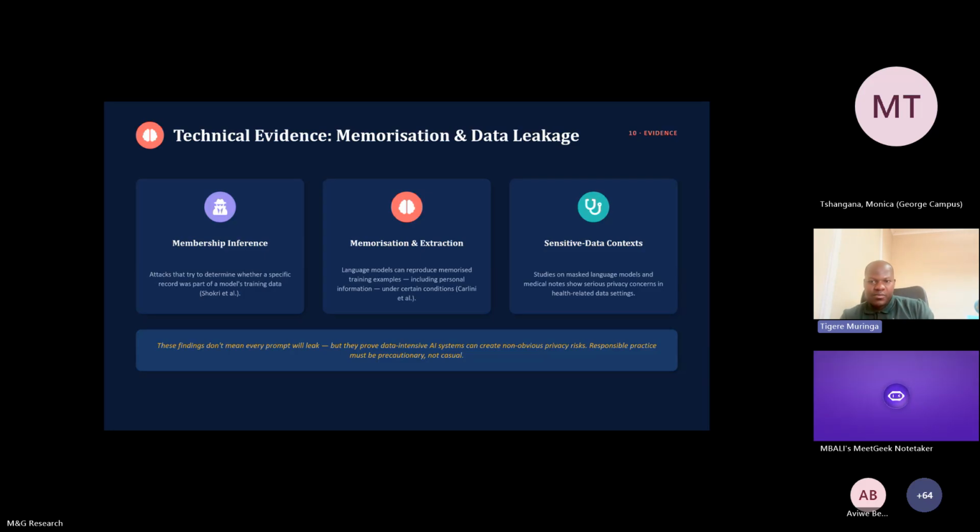What these studies do not mean is that every user prompt will automatically appear in a model output, but rather they provide us evidence that data-intensive AI systems can create non-obvious privacy risk. And what we need is responsible research practice that must be precautionary rather than casual. We need to be responsible and precautionary, and not casual about our data.